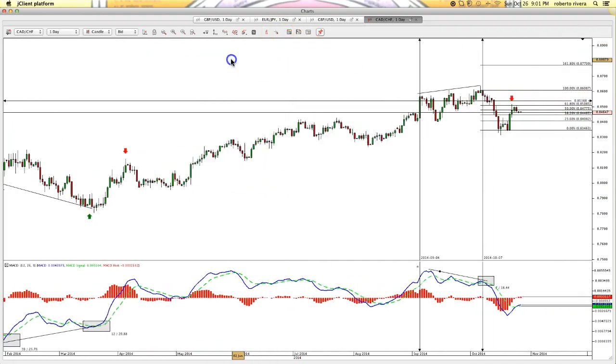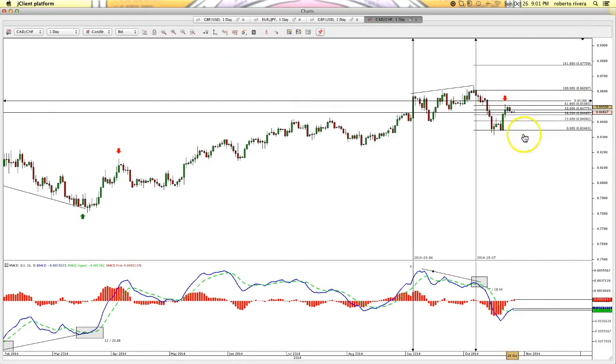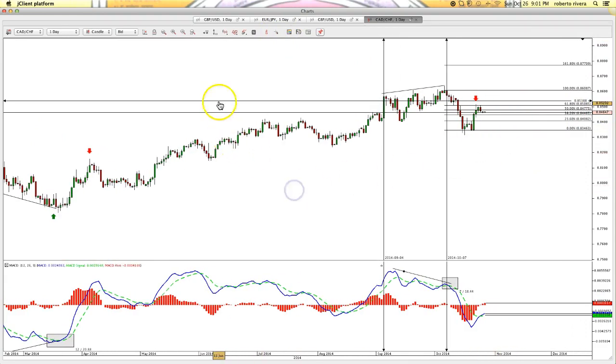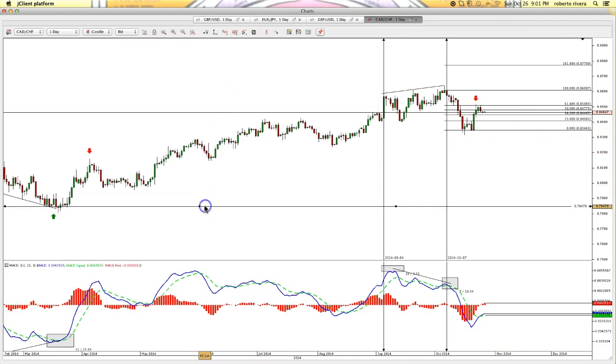Okay, we have an entry, and we're looking for price possibly to go all the way down to these levels, because that's a very strong support. How many pips would that be? 84, 90, from 85 all the way to 78.